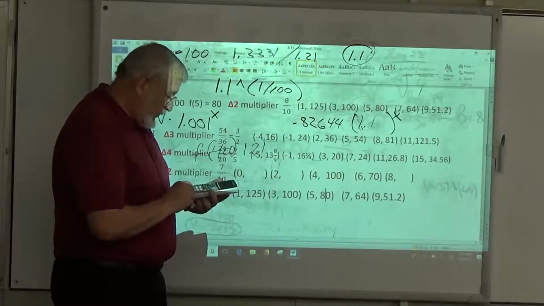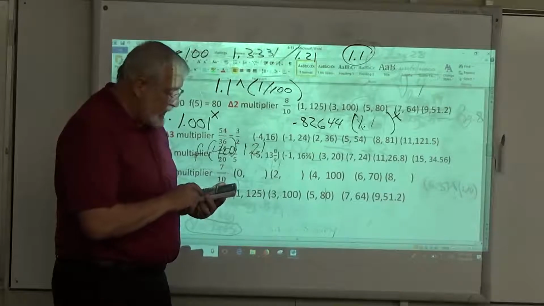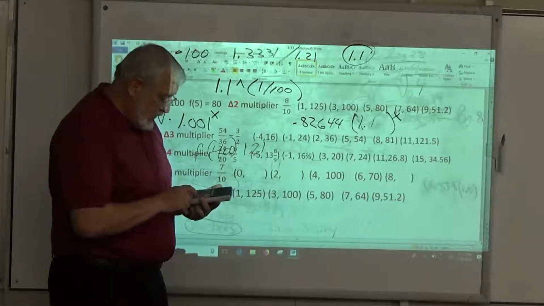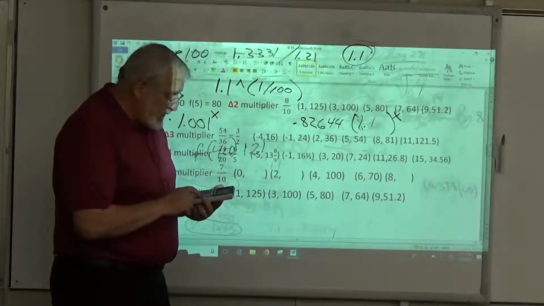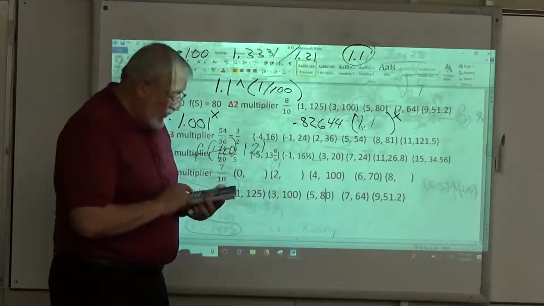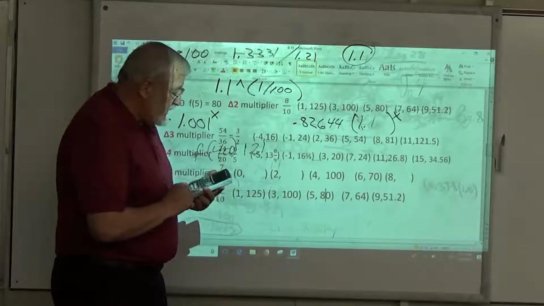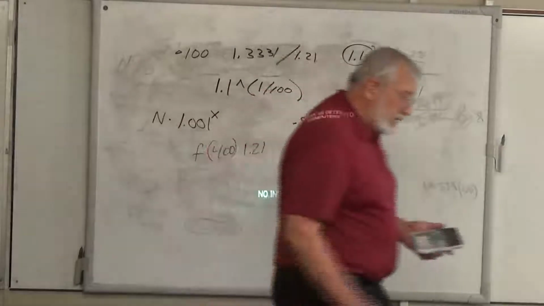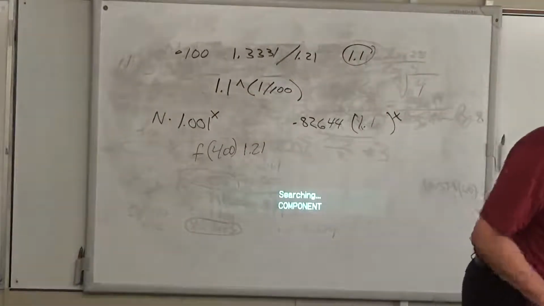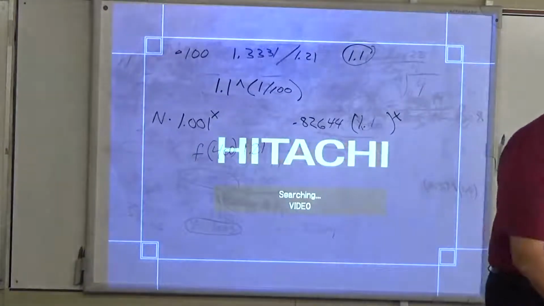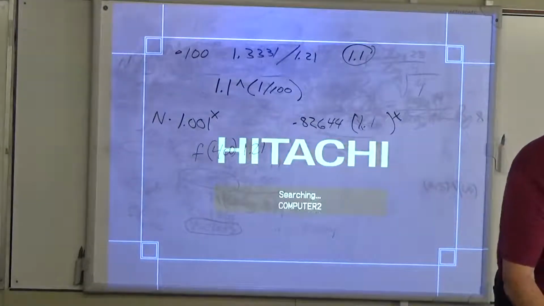That takes it from 4 to 3. Divided by 1.1, that takes it to 2. Divided by 1.1 takes it to 1. Divided by 1.1 is 82644. Oh, weird. Okay. Well, you don't need that for this problem, but I was hoping that we actually would have got to it.